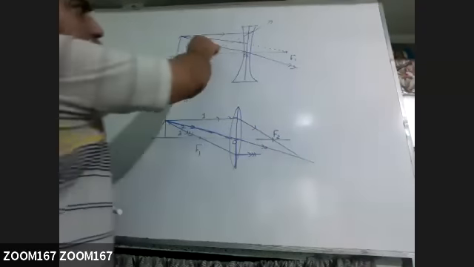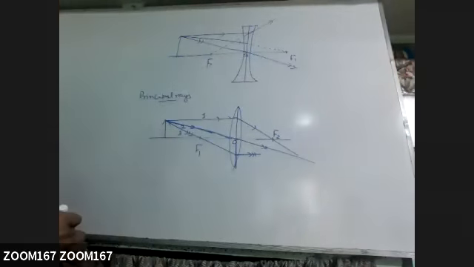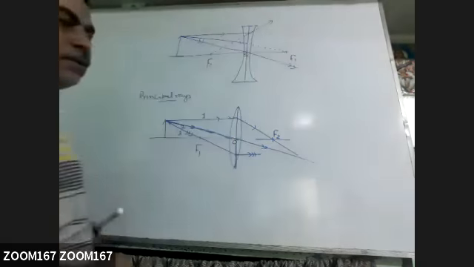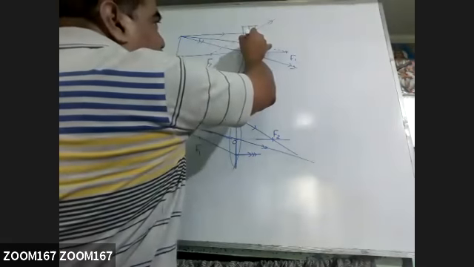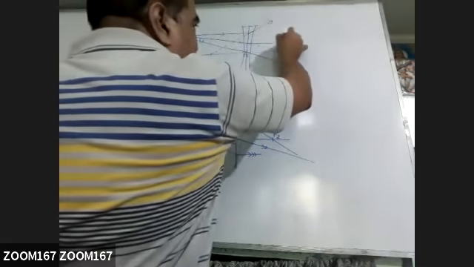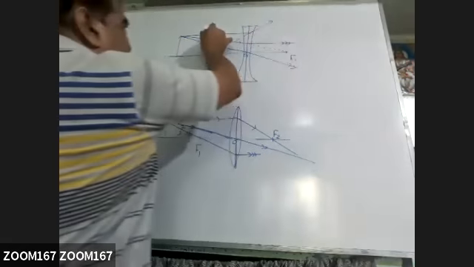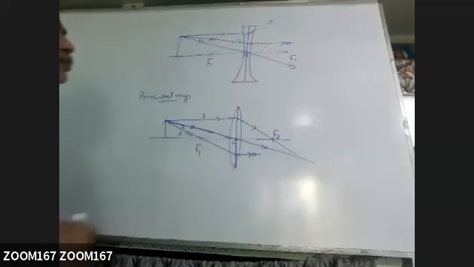That is appearing to pass through F1, but well before that there will be refraction. So this ray will become parallel to the principal axis. So this is our third ray. These are the three principal rays in case of concave lens.